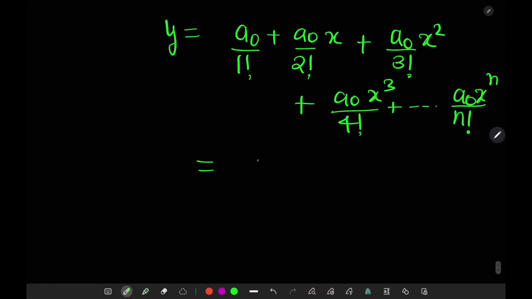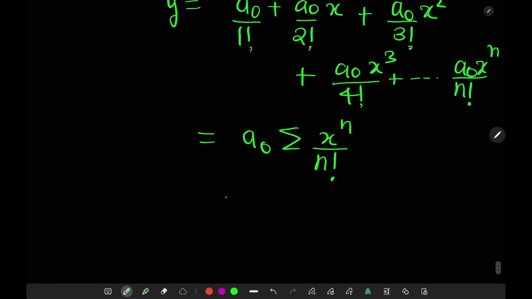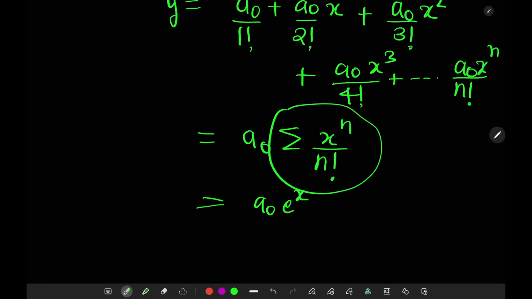Or in summation form, taking a0 common, we can write this. Now this is equal to exponential e raised to power x. This is the solution of this equation.